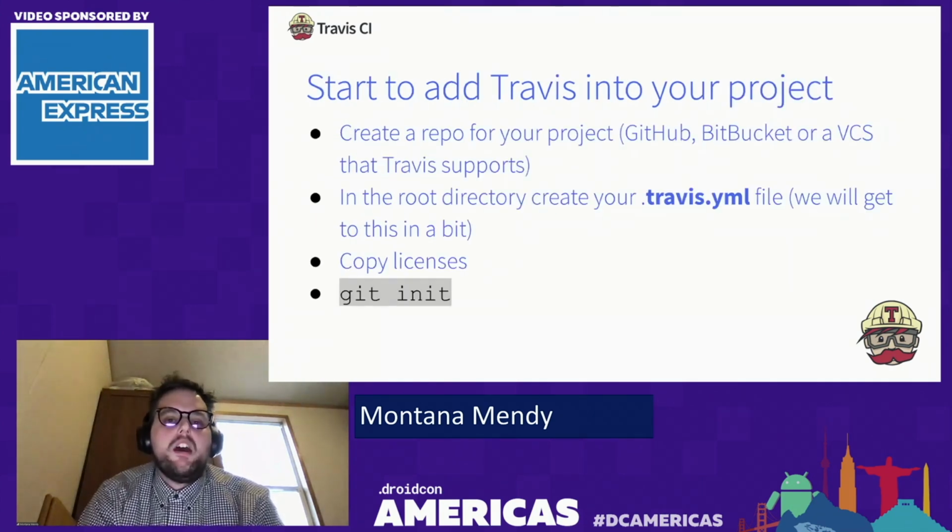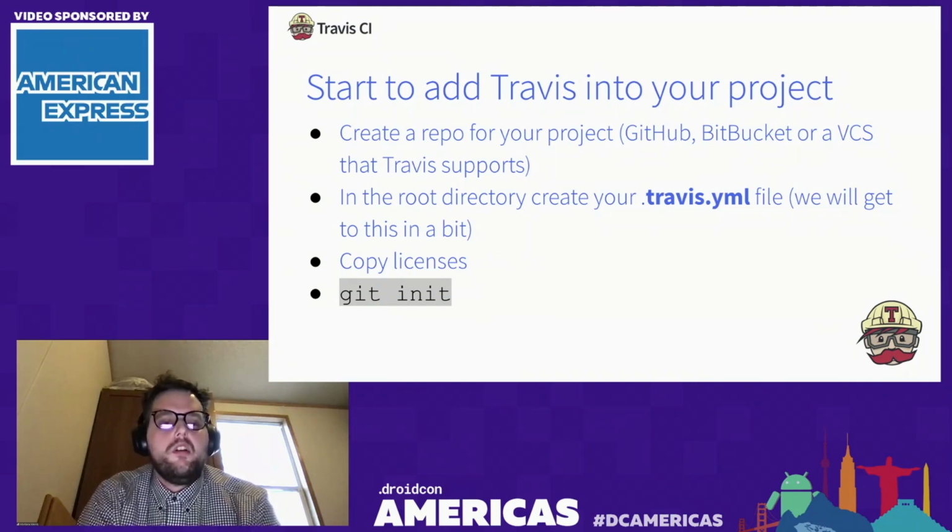Anytime we want to add Travis into a project, it's fairly simple. We try to make it as simple as possible, at least. So you have a project, hopefully using RubyMine or Vim or anything that you wish. Create a repo and pick your VCS: GitHub, Bitbucket, GitLab, whatever it may be.